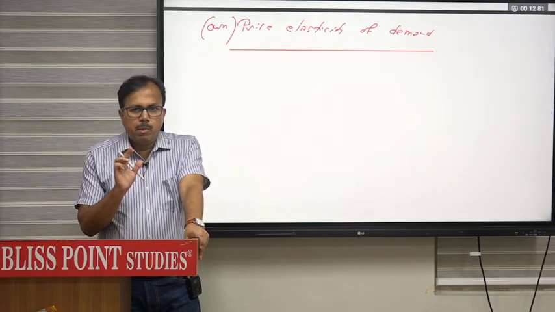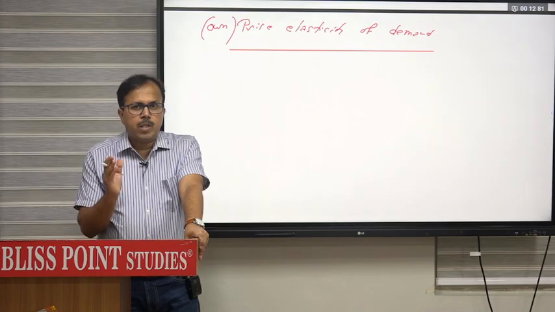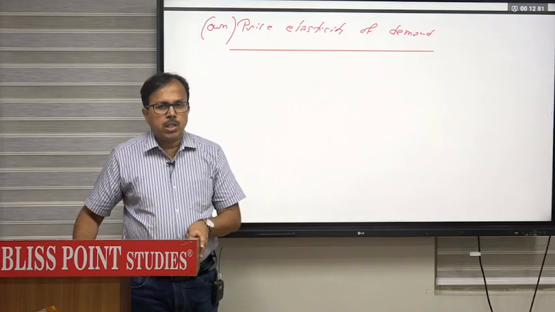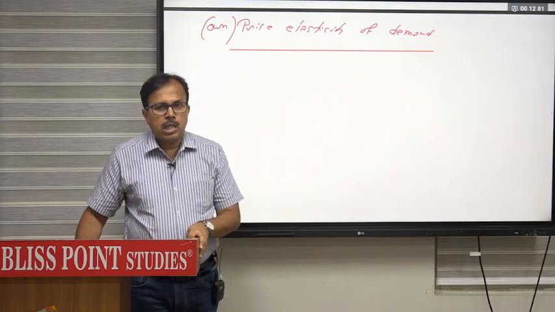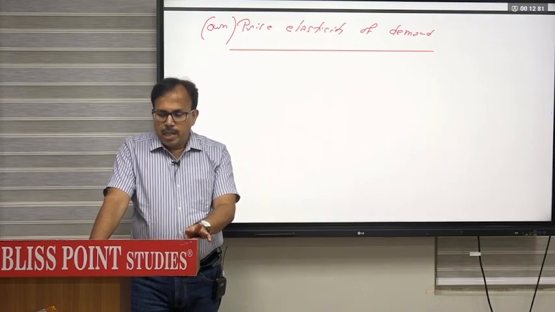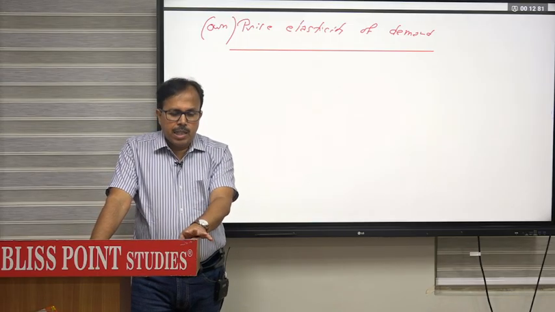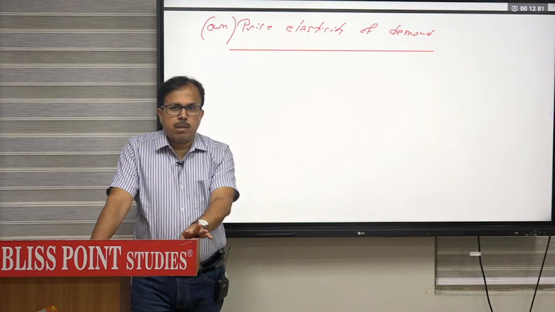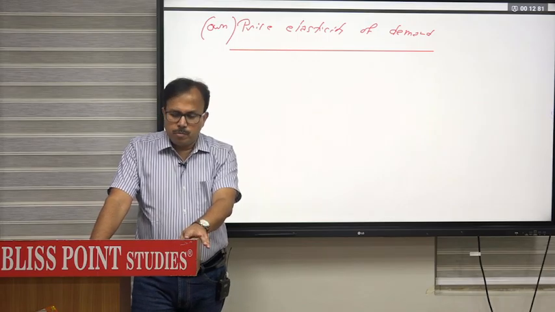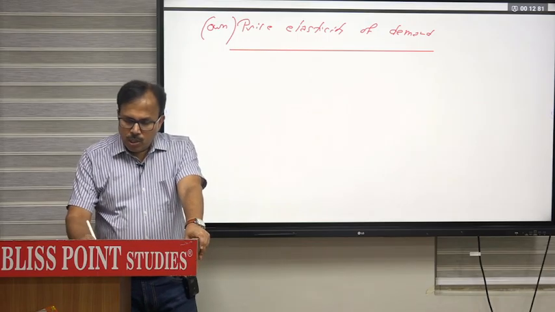It is a numerical measure of degree of responsiveness in quantity demanded due to change in price of that commodity, keeping all other factors constant. Clear? Now question is how to calculate it. For elasticity I am writing E.